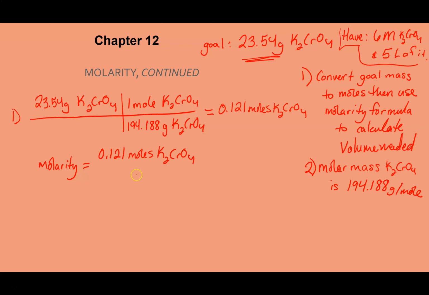Now, we don't know how many liters that's going to end up being. We just know that it should equal 6 molar. So we're going to rearrange this formula to solve for X. And that's going to give us the volume in liters.